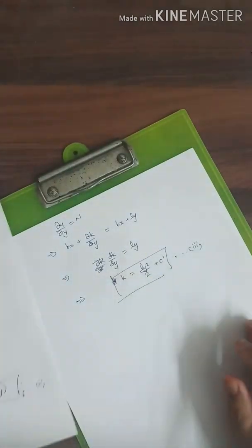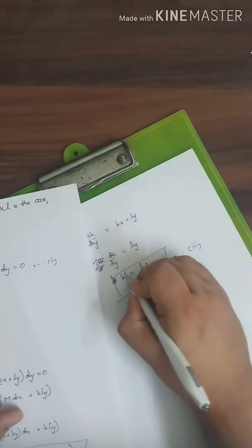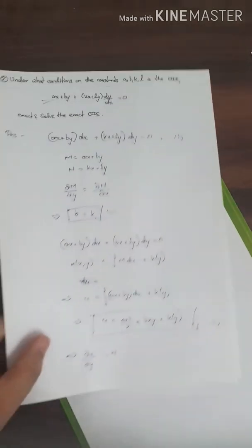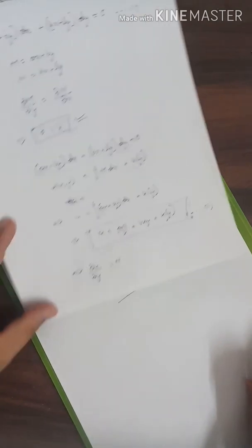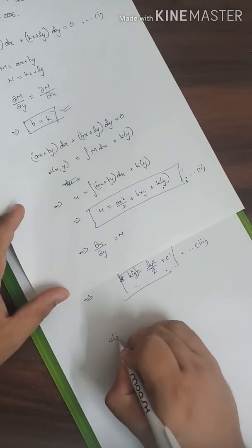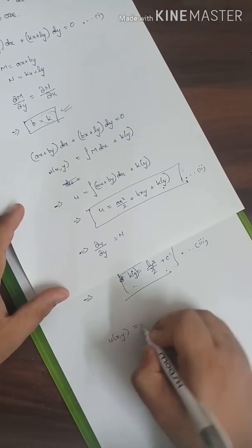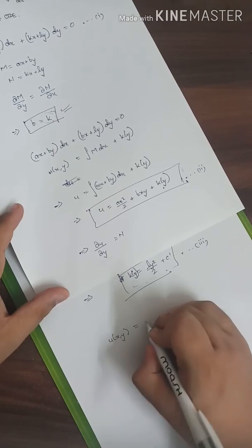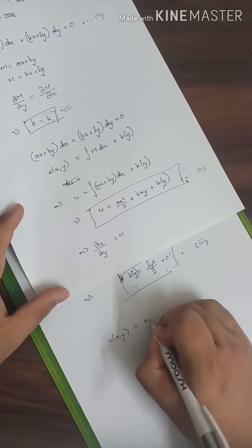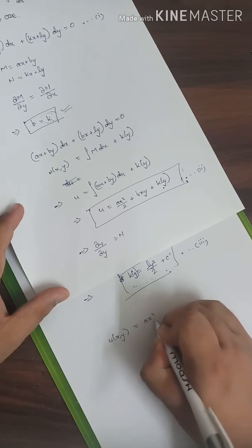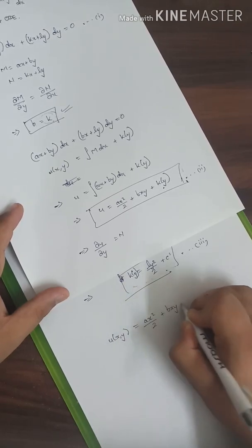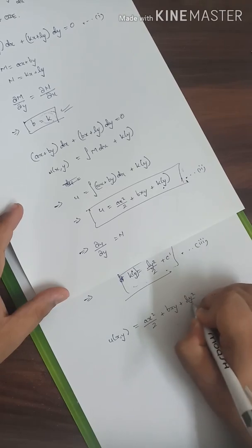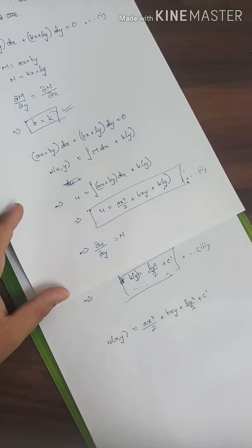So putting the value of k(y) in this equation, what we get is that u(x,y) is equal to ax square by 2 plus bxy plus ly square by 2 plus c dash.